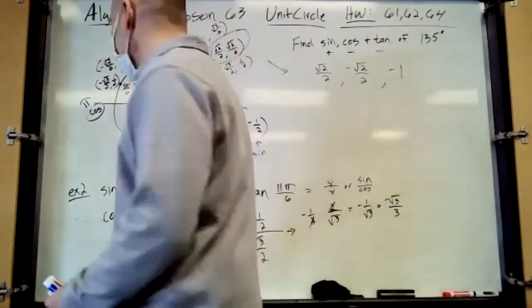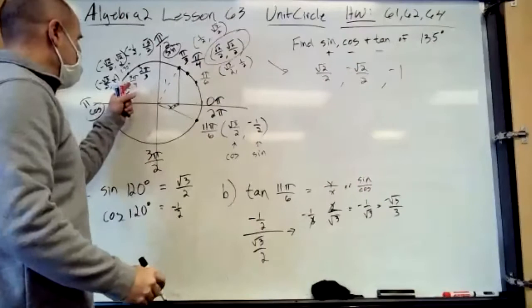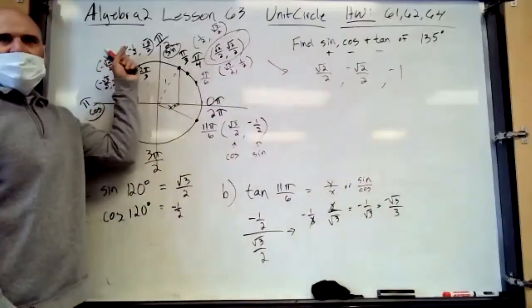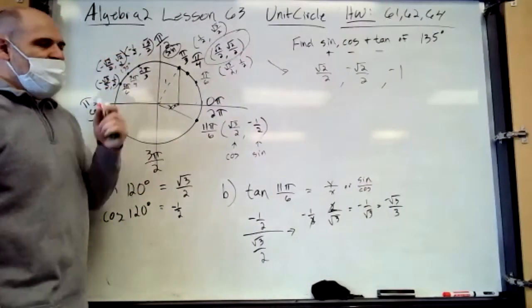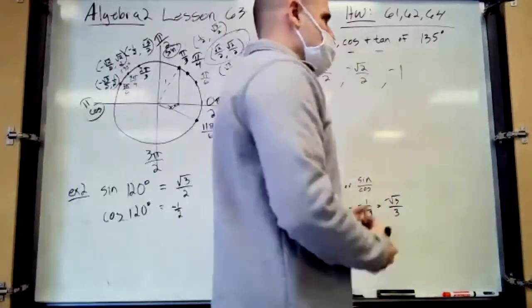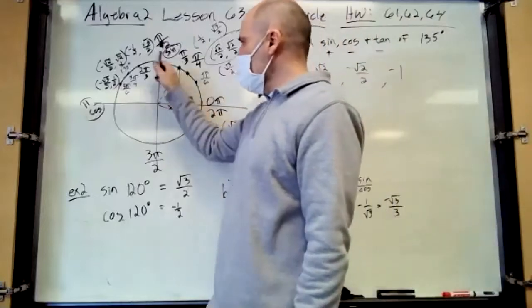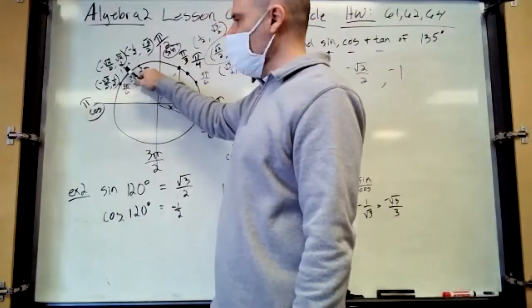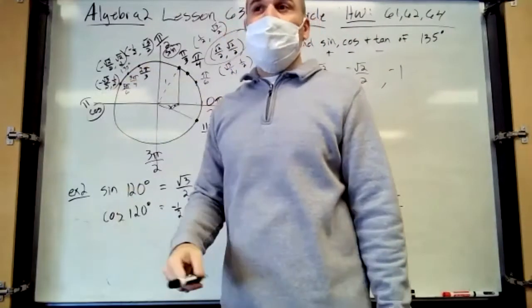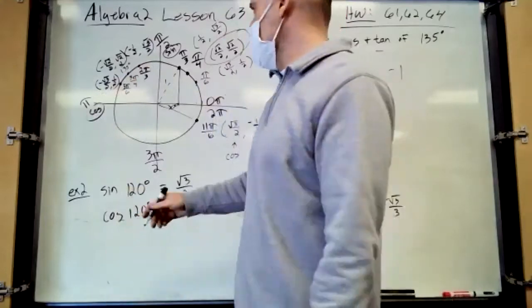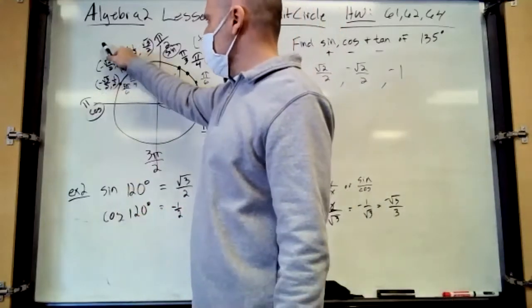Okay, so you can go over here, find 3 pi over 4, and use these numbers if you want to. That's fine, but you can use the reference angle, which is the 45 degree angle, and do it that way. So either way, you need to come over here and figure out that's basically a multiple of a 45 degree angle. So I'm going to have a negative.